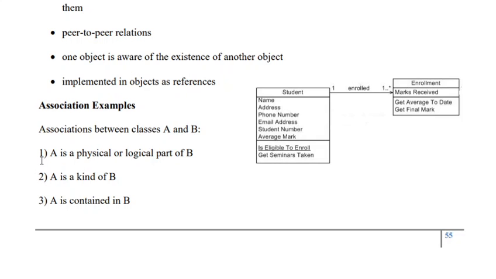Let us just try to understand it with the help of an example. So here, A is a physical or logical part of B. So this is a kind of association, or A is a kind of B, right?